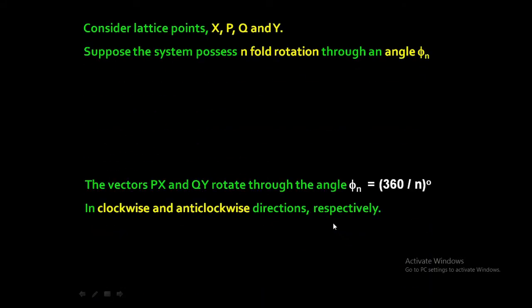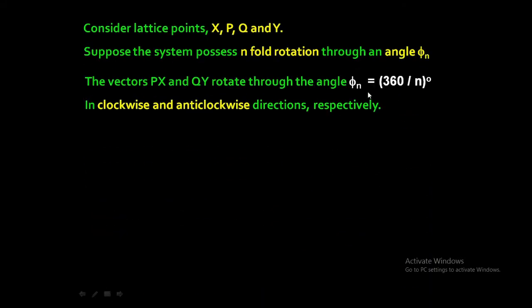So the value of angle phi n, we know the formula, phi n is equal to 360 by n degrees. If I want to find n from here, n is nothing but 360 by phi n. We have considered that the vector PX is rotated in the clockwise direction and QY in the anti-clockwise direction.